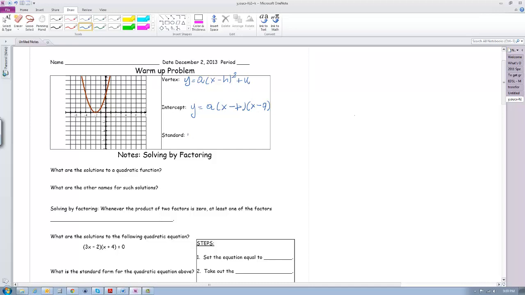Standard form it's y equals ax squared plus bx plus c.